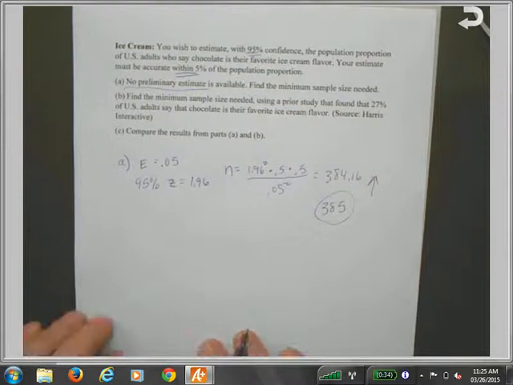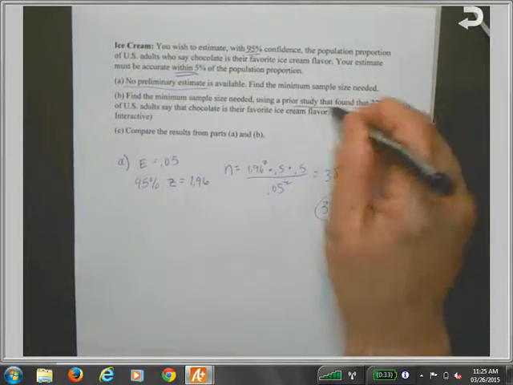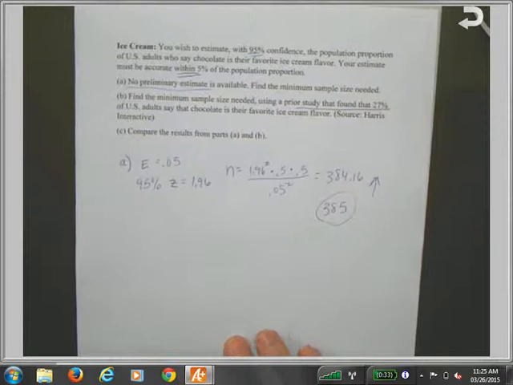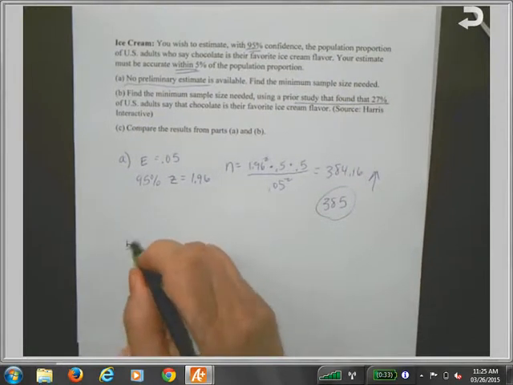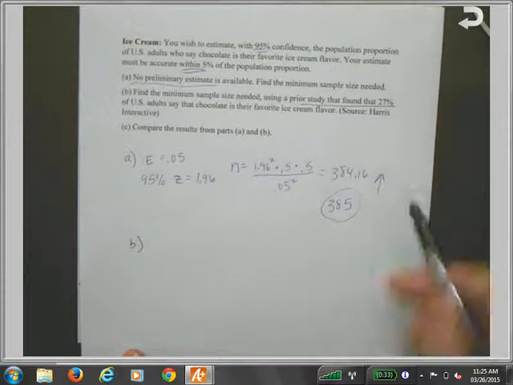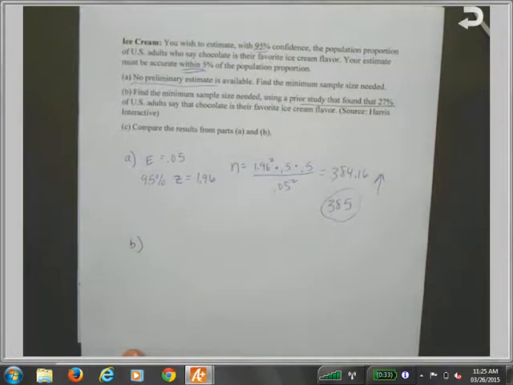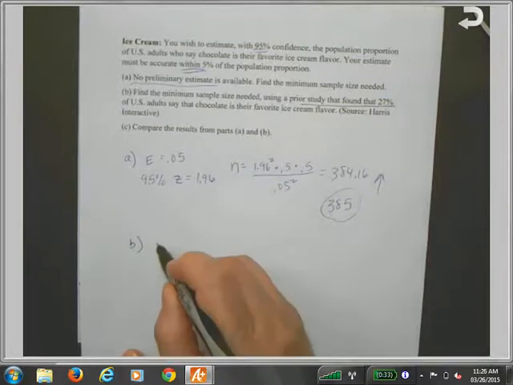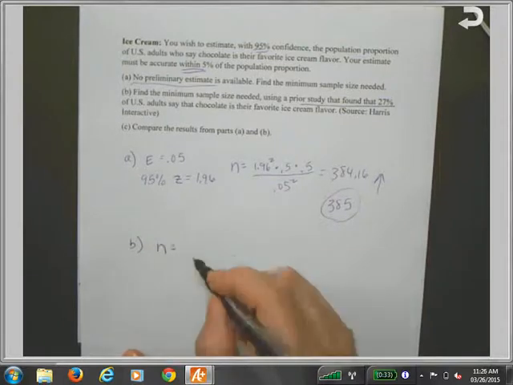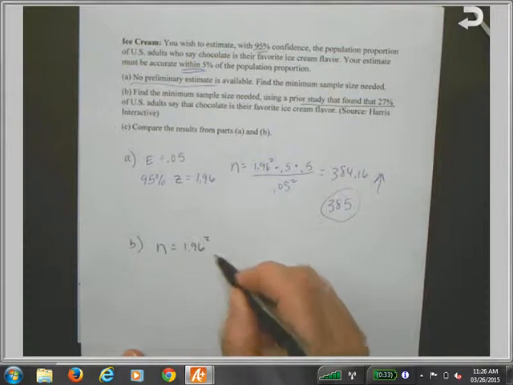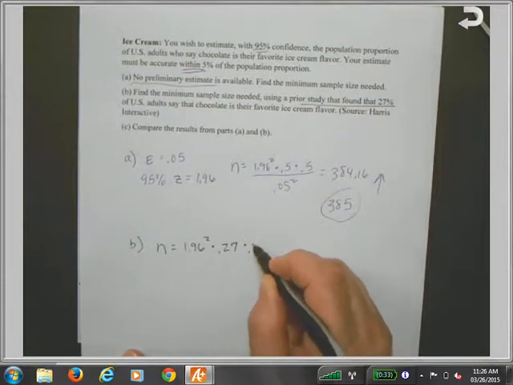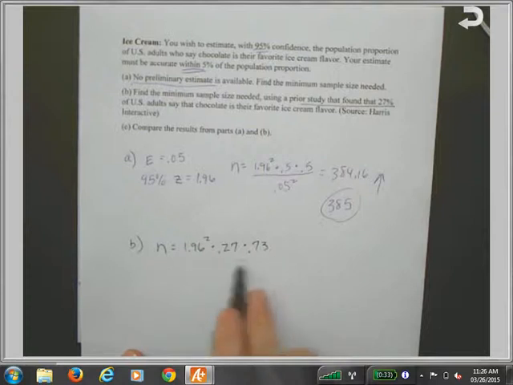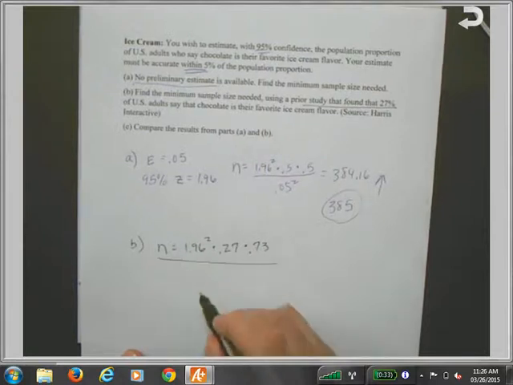And then we have a prior study that tells us that 27% of adults say that chocolate is their favorite ice cream. So letter B says we're going to use that 27%. Everything is the same except our P and our Q. So 1.96 squared times 0.27 times 0.73, that's the complement, all divided by 0.05 squared.